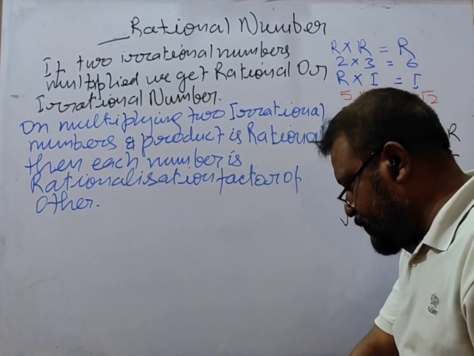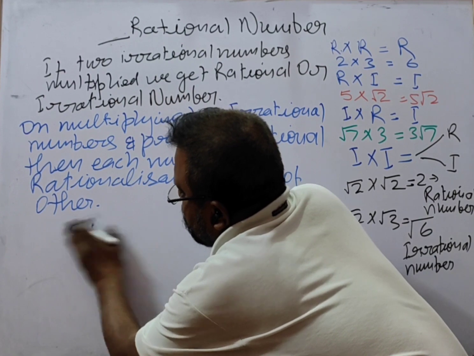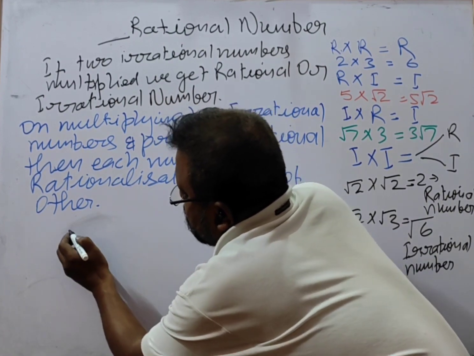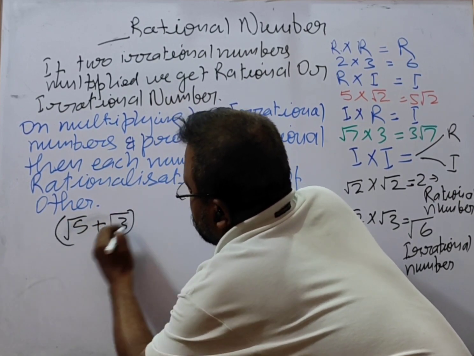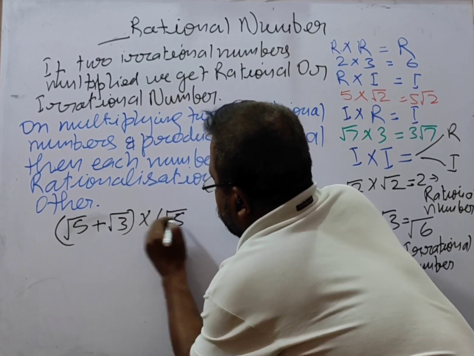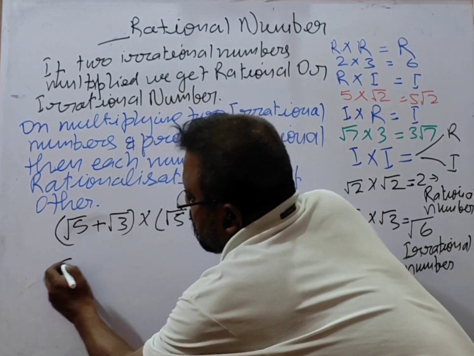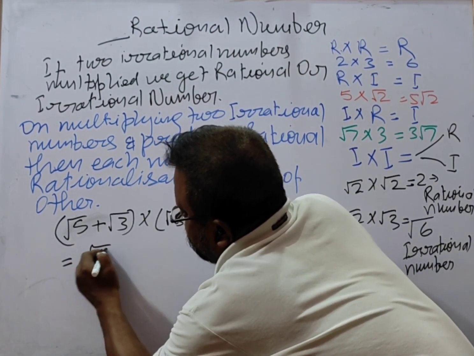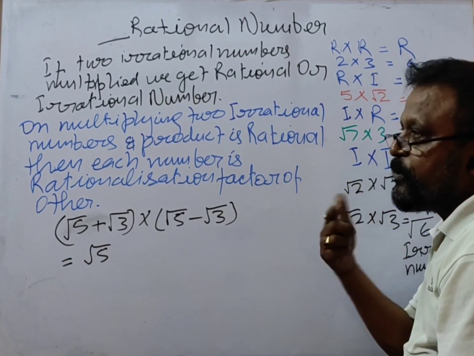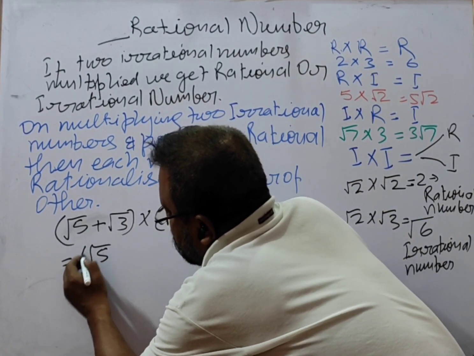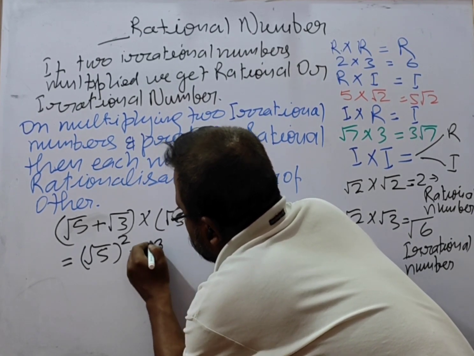If I write, like, 4 root 5 plus root 3 into root 5 minus root 3, right? By the difference of two squares, root 5 whole square minus root 3 whole square.